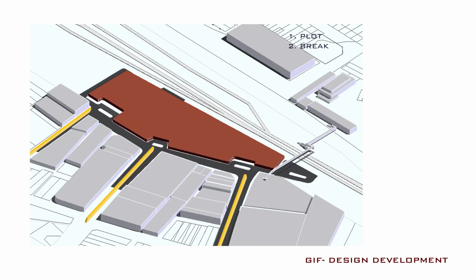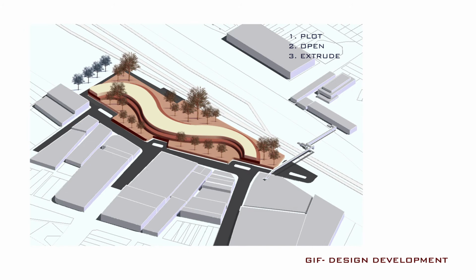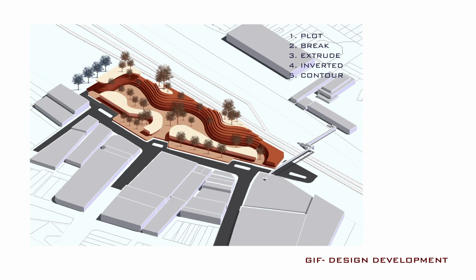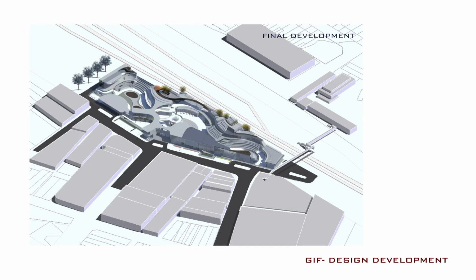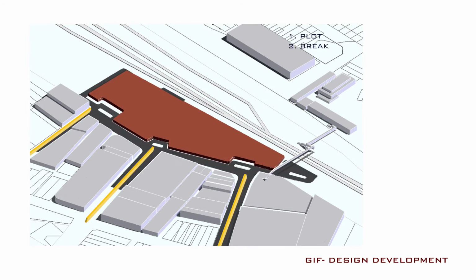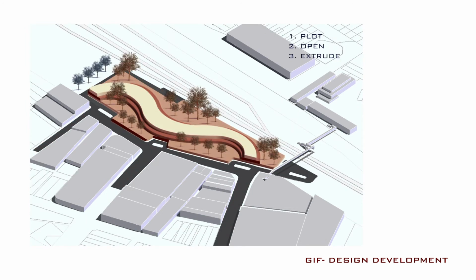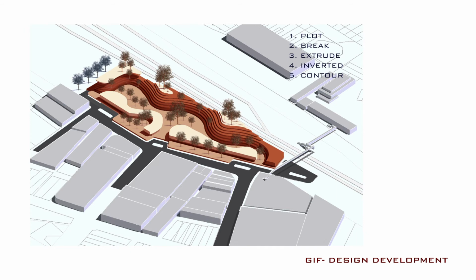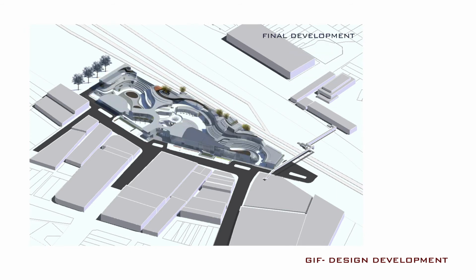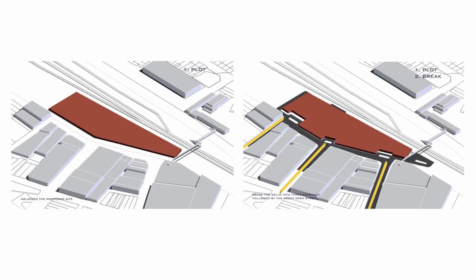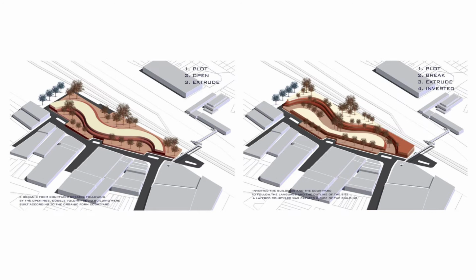For the design development, this one is a GIF of my design development, and it can be separated into 6 steps, which are plot, break, extrude, inverted, contour, and connect. For the first step, I select the proposed site and then break the solid into 3 entrances followed by the front open street.